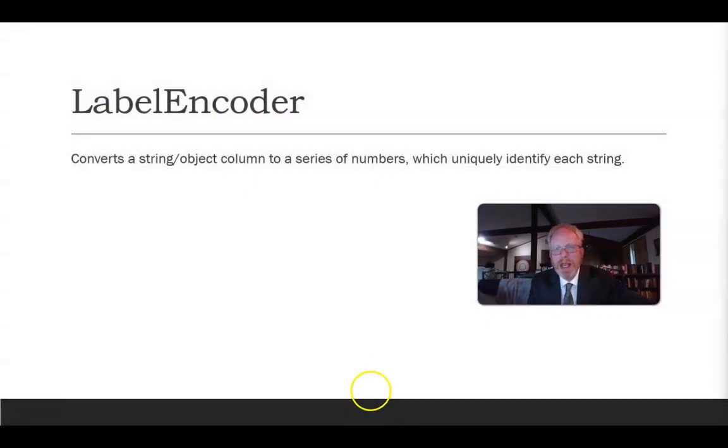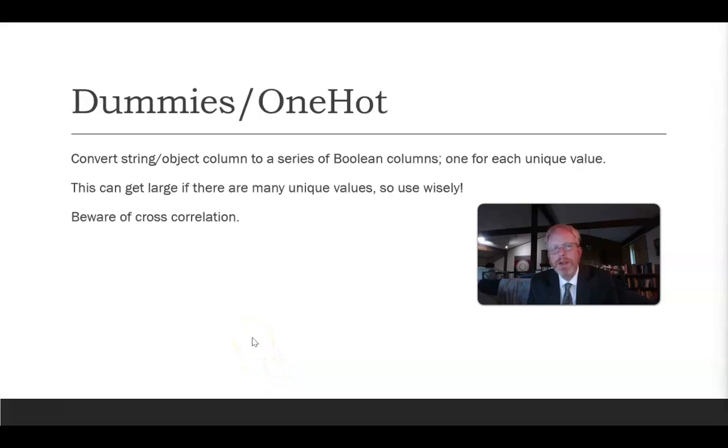We end up setting up a funny relationship where numbers represent certain quantities, because then it appears that one value might be twice as heavy as another value, when really they're just numbers that happen to be assigned. So for features or predictors, we won't use label encoder, but instead we'll use dummies or one-hot encoding.